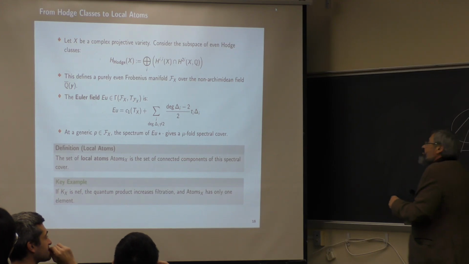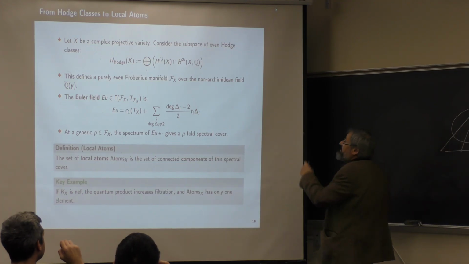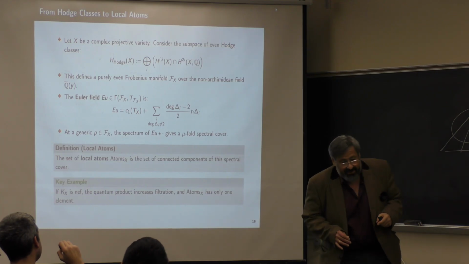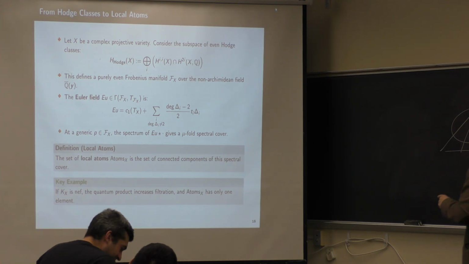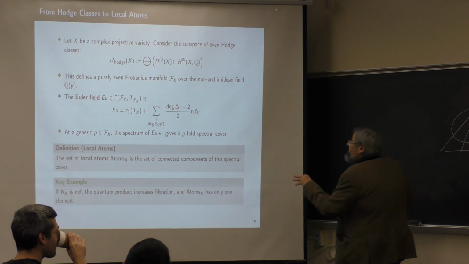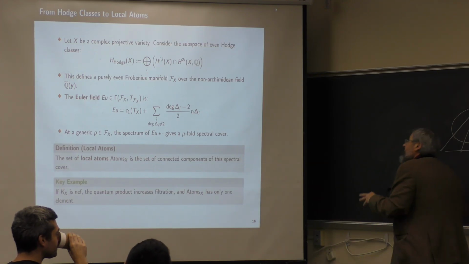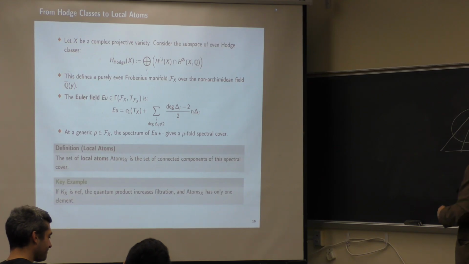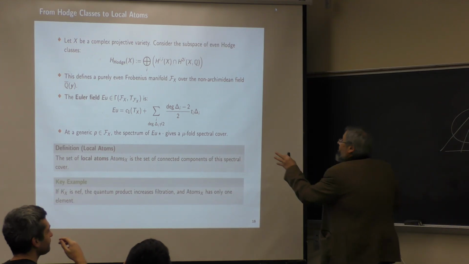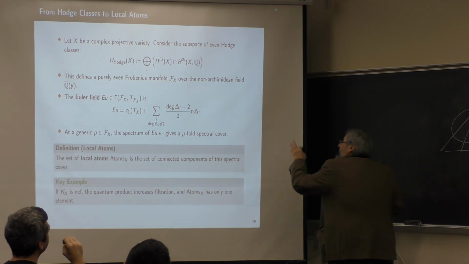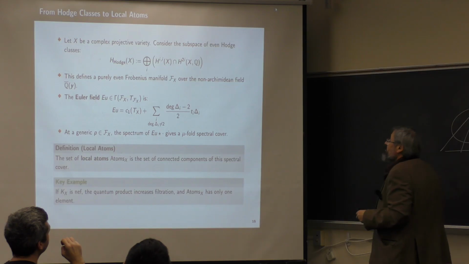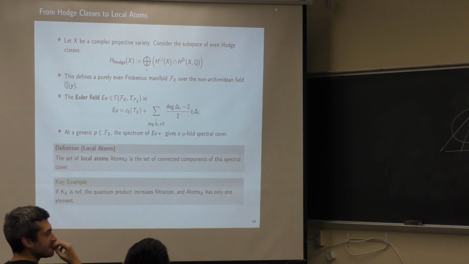The base of this bundle is the space of algebraic cycles, or if you like, (p,p) cycles, depending on whether you believe the Hodge conjecture or not. And over this base, we consider the tangent space, and we consider an Euler field defined as the quantum multiplication plus this shift coming from the multiplication by delta i, which happen to be a chosen basis of algebraic cycles.